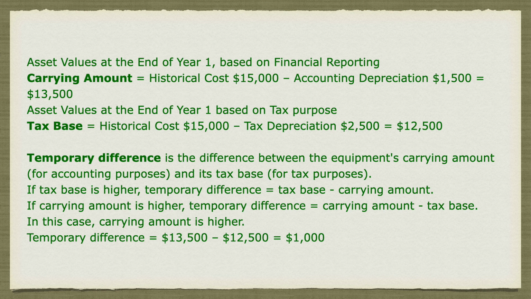Temporary difference is the difference between the equipment's carrying amount for accounting purposes and its tax base for tax purposes. If tax base is higher, temporary difference equals tax base minus carrying amount. If carrying amount is higher, temporary difference equals carrying amount minus tax base. In this case, carrying amount is higher. Temporary difference equals $13,500 minus $12,500 equals $1,000.